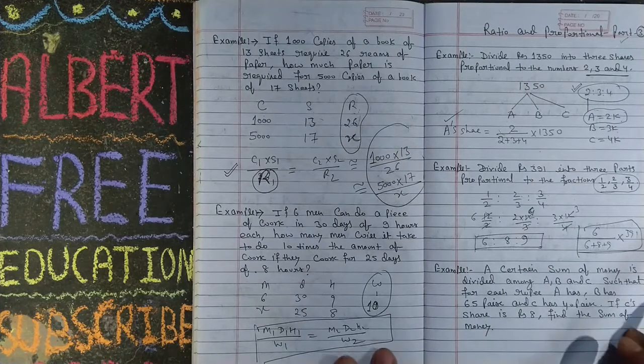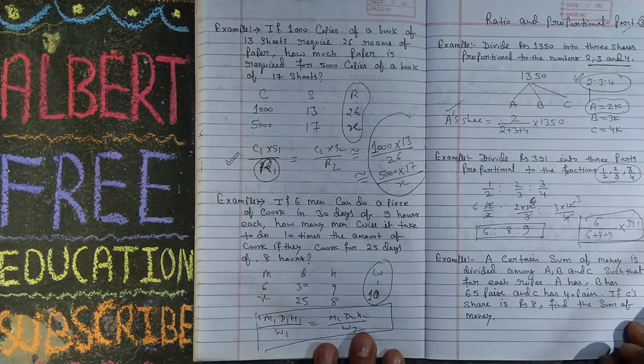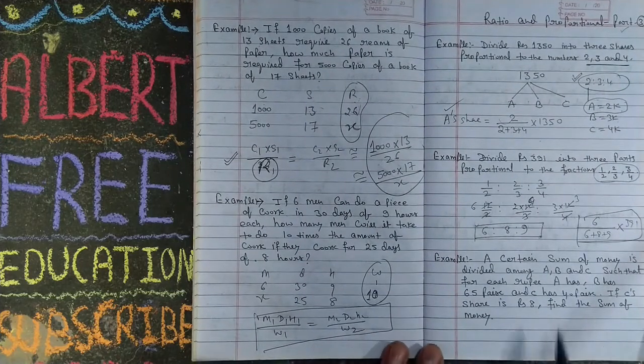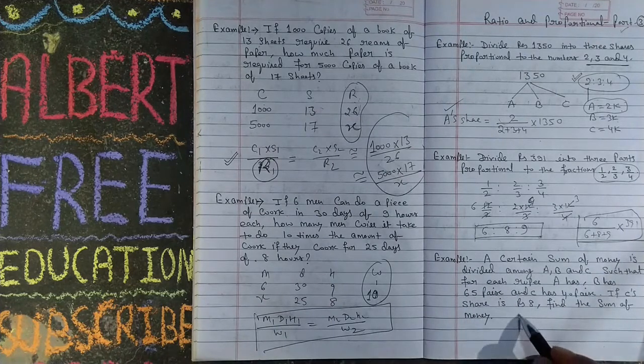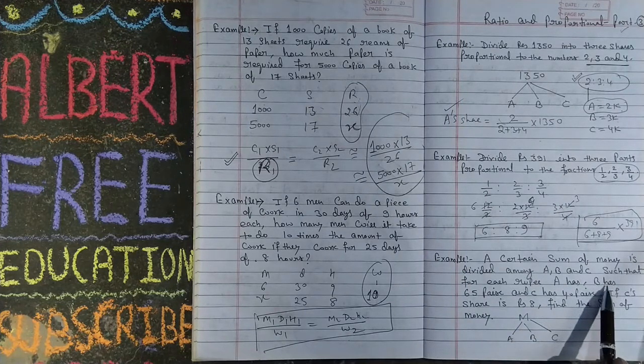Now the next question. A certain sum of money, which I don't know, is divided among A, B and C. Let the money be M. Such that for each rupee A has, B has 65 paisa and C has 40 paisa.